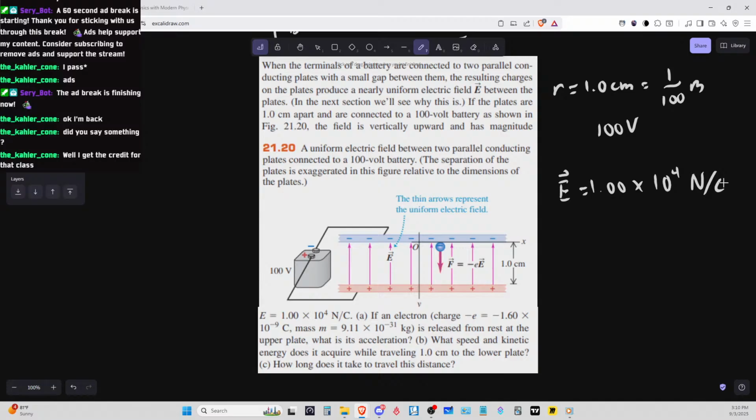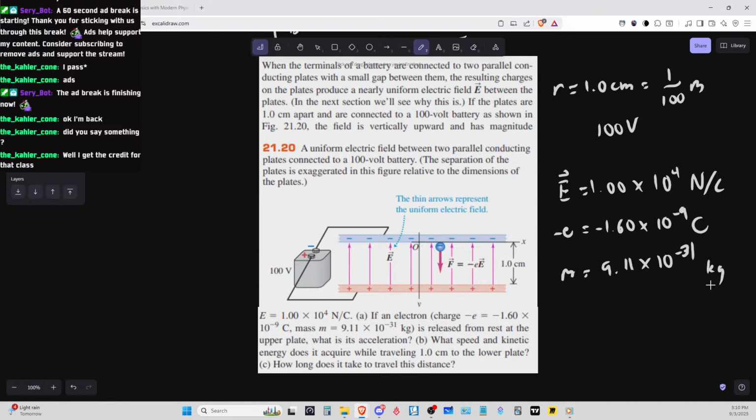If the charge is e, -9 coulomb, and the mass is 9.11 times 10 to the -31 kilograms, released from the upper plate, what is its acceleration?